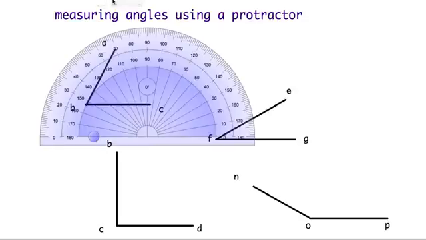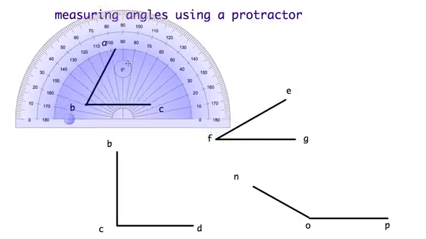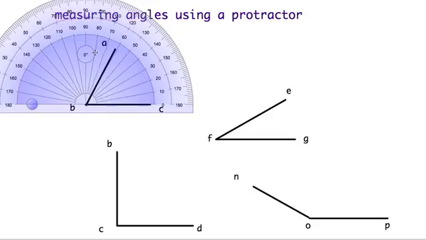So if I get my protractor out, and I move this to the vertex, pause the video and take a guess. Where do you think that this angle is going to measure? If you said this angle measures about 61 degrees, you are correct.